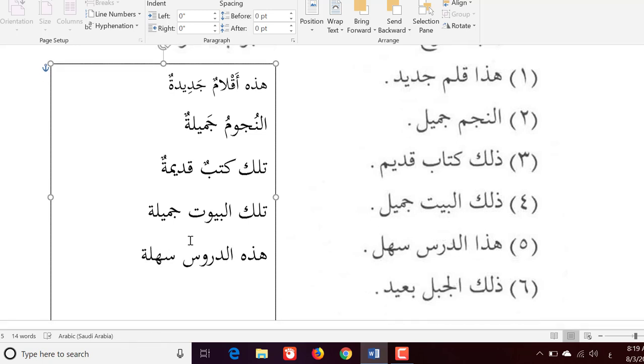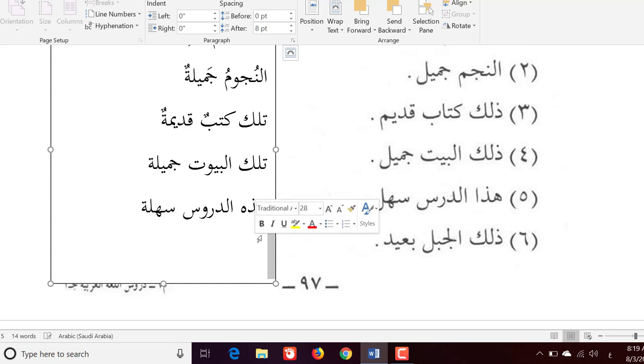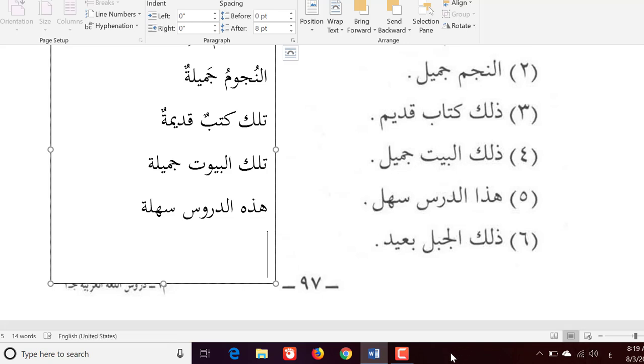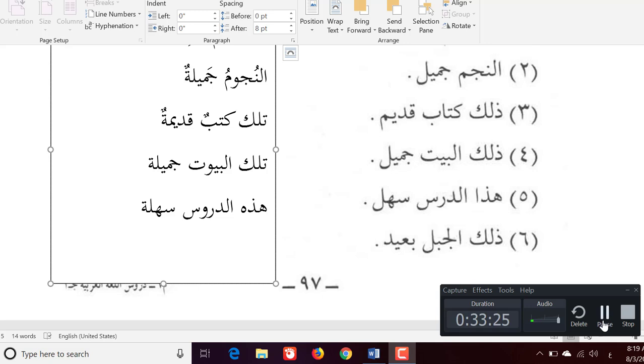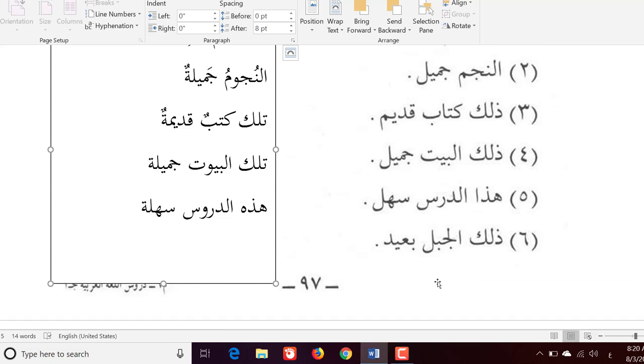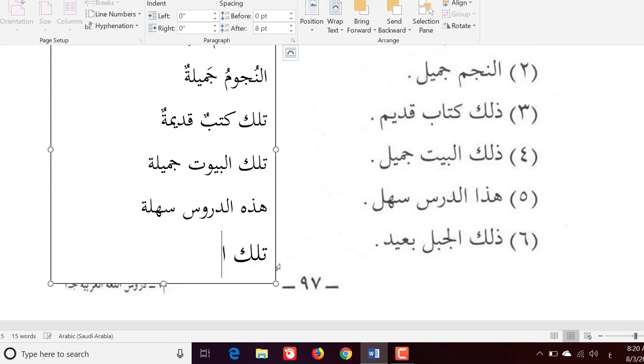Last one we have here is ذلك الجبل بعيد. Okay, so also a bedel as well. So we would say tilka الجبال, those mountains, not those are mountains. Okay, tilka الجبال بعيدة.